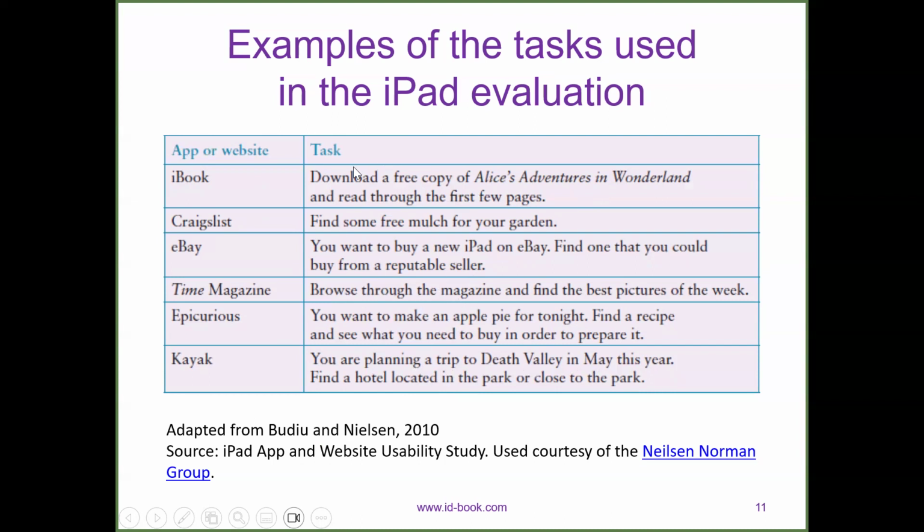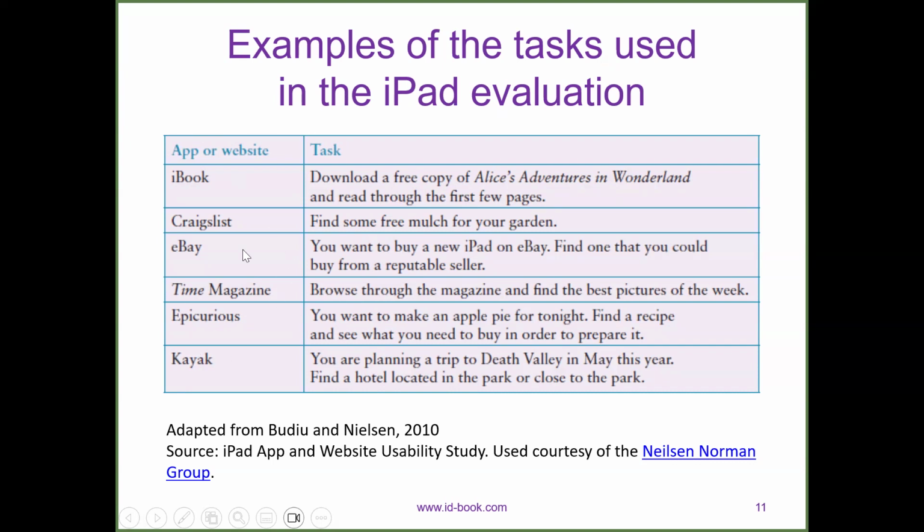For example, the participants were watched on how much time they were taking to find free mulch for their garden while using the Craigslist app. For example, how long were the participants taking to browse through the magazine and find the best pictures of the week from Time magazine?